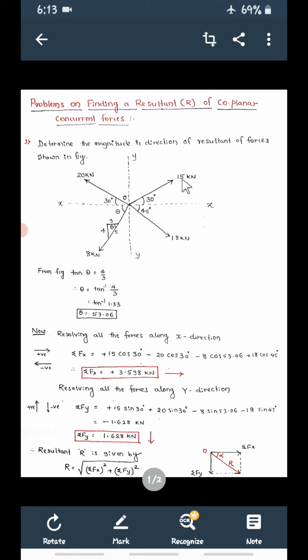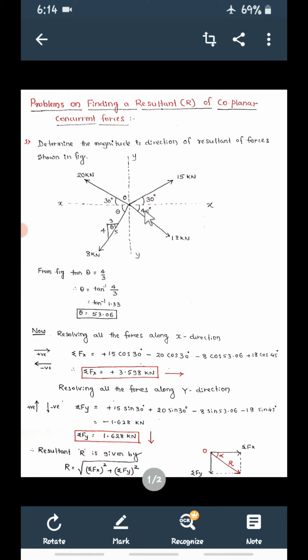The 20 kilonewton force makes 30 degrees with the x-axis, the 8 kilonewton force makes an angle theta with the x-axis, and the 18 kilonewton force makes 45 degrees with the x-axis.